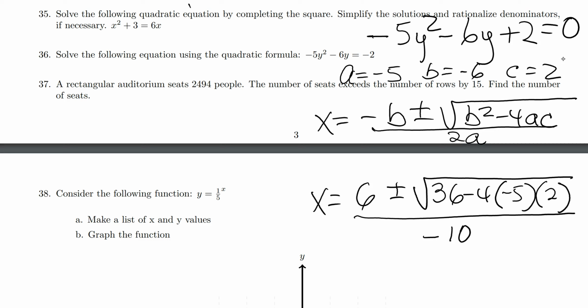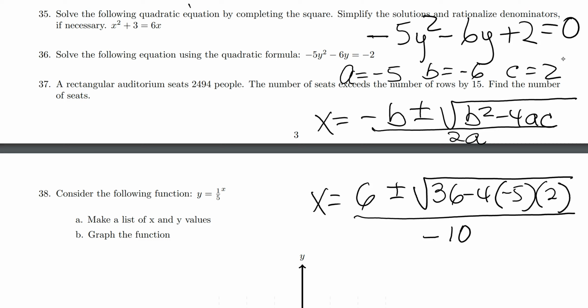So as it goes into the formula, the opposite of a -6 makes this a +6. Now we're going to square a -6 and get 36. Minus 4. A is a -5, and C is 2. And that's all over 2 times A, where A is a -5, gives us a -10.